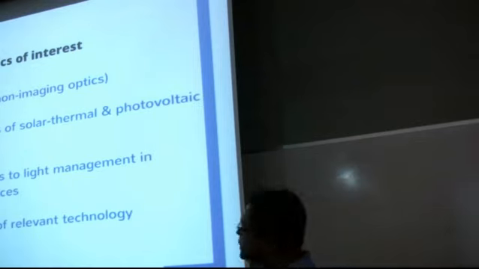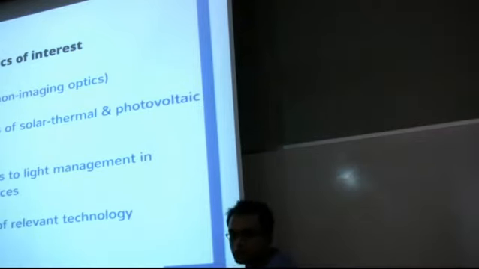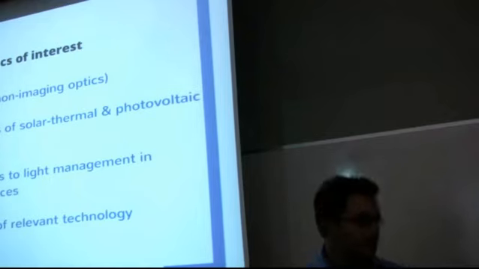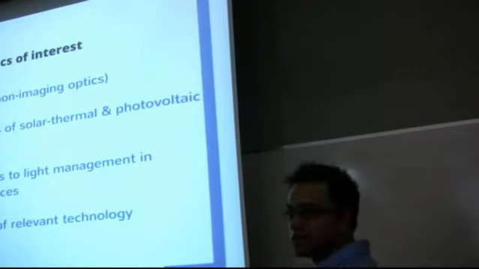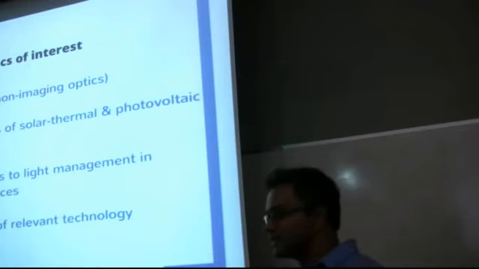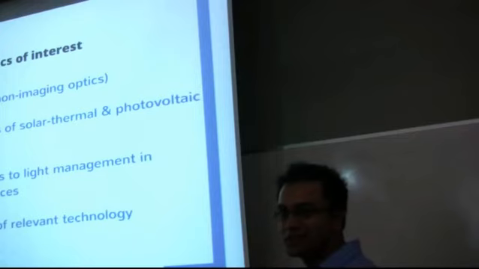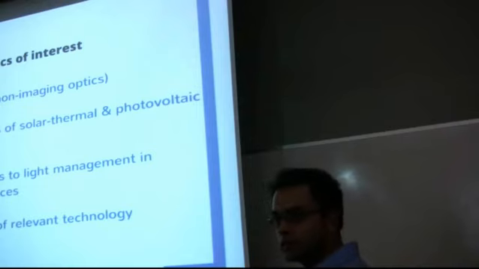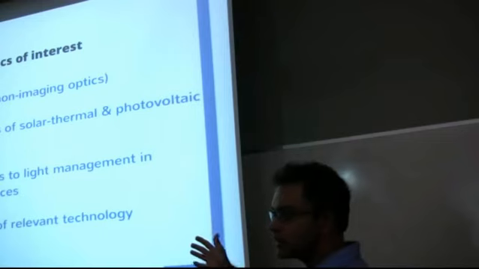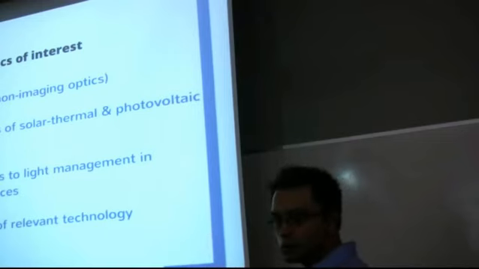This is an optics class, but we definitely need to understand the thermodynamics. Without understanding what happens to the light or what happens to the heat, it's a little bit immaterial to design. You're doing the design with one hand tied behind your back if you do that. So we need to think about the whole system. I'm not an expert in thermodynamics, but this is very basic stuff, so we should all be able to understand this.